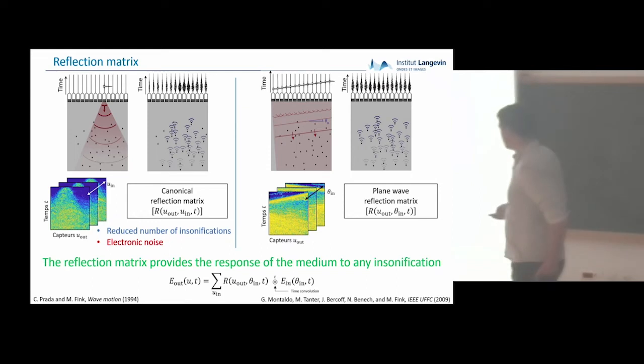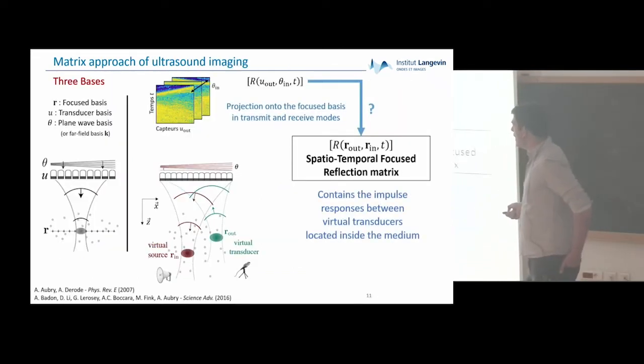Okay, so the reflection matrix provides the response of the medium to any insonification, and one particularly important basis here will be the focus basis, meaning that once you have your reflection matrix, you can simulate focusing inside the medium at any point, okay? And then you can look at the response between any virtual source inside the medium and any virtual transducer inside the medium acting as a microphone, okay?